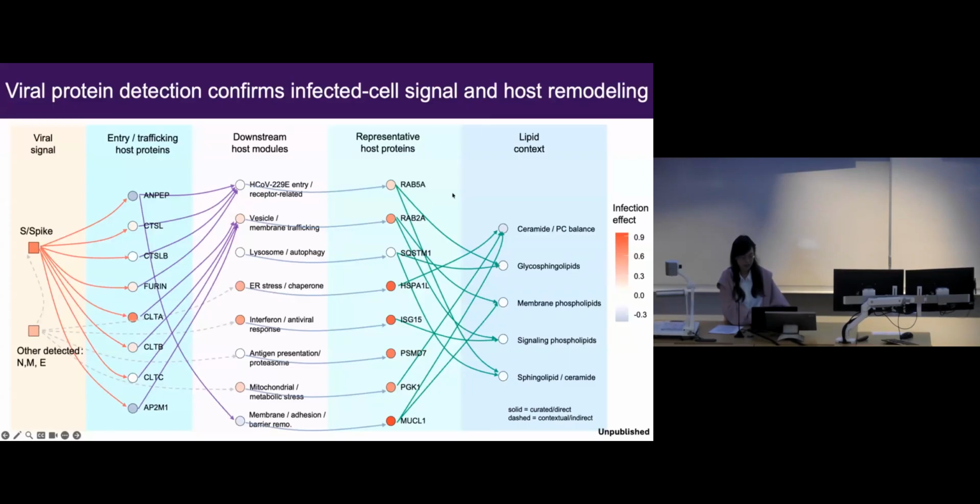In the next layer, I show some representative host proteins. Finally, we link those protein module programs with the lipids, such as ceramide, PC balance, or some membrane phospholipids. The main point is that the infection is visible at multiple levels, and we try to build a network across all the multi-omics data sets. They support the idea that single-cell proteomics and lipidomics can capture the coordinated viral-host response.